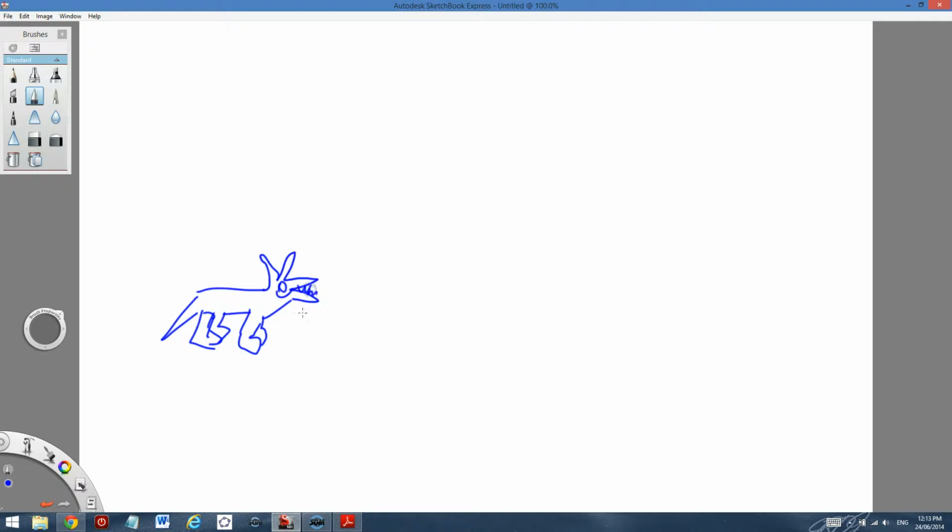This is a dog, and he wants to go to this point, point A, because there's a biscuit or something there.